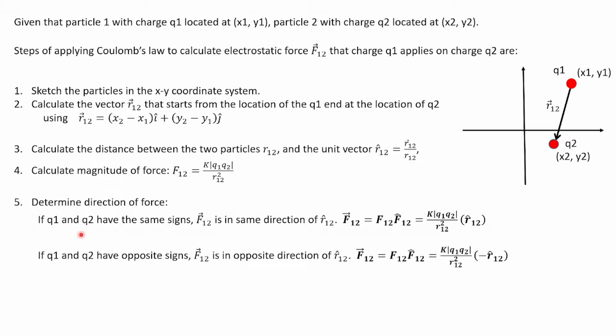If the two charges have the same sign, meaning they are both positive or both negative, the force will be repulsive. Q1 would be repelling Q2, pushing it away. Then the force F12 will be in the same direction as R12 hat.